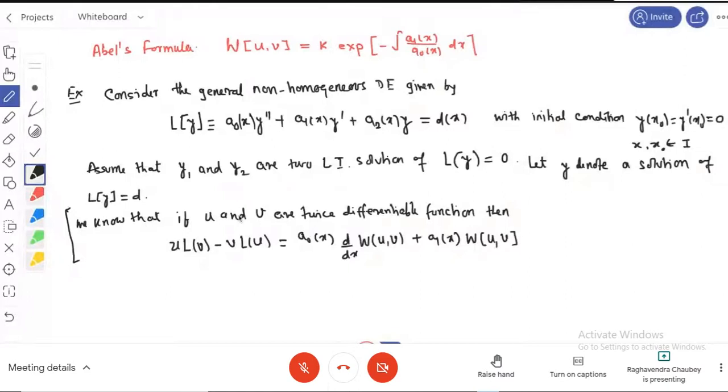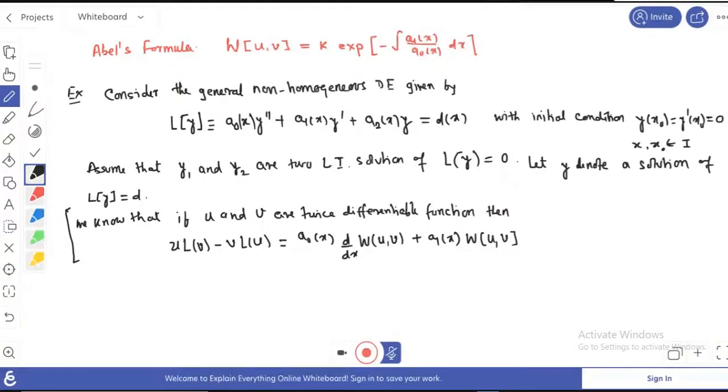Okay, so here we will do only one part, and the second part is similar.